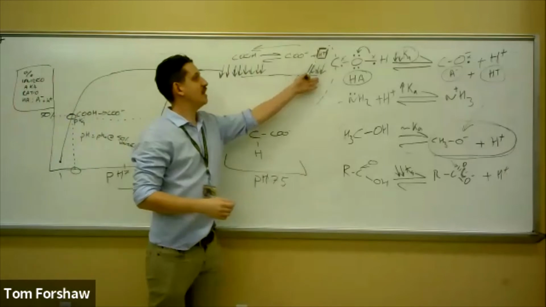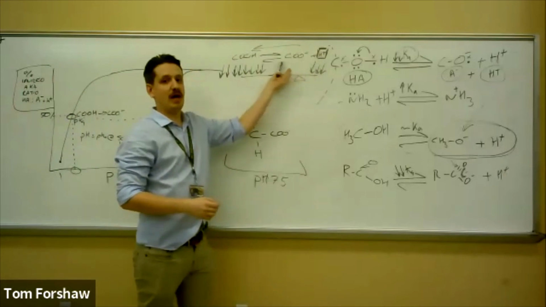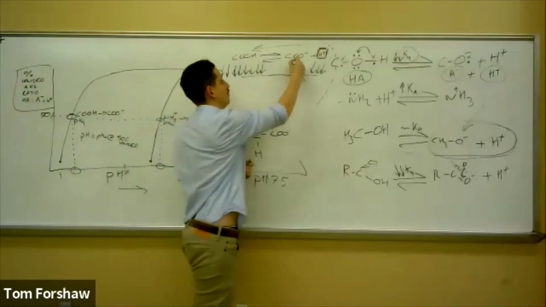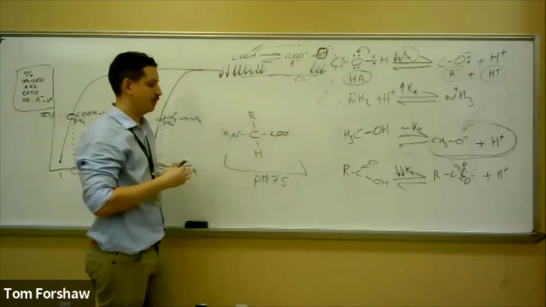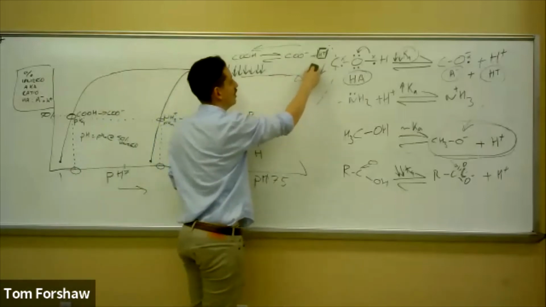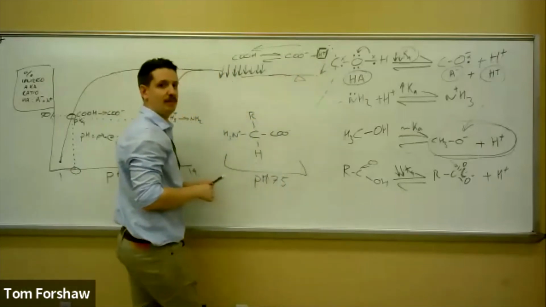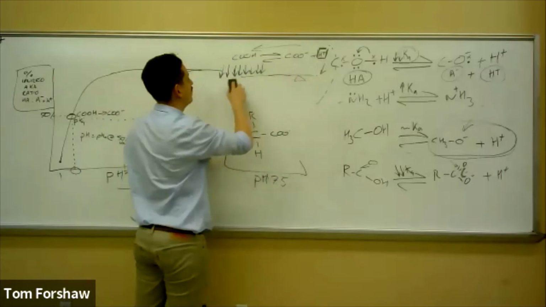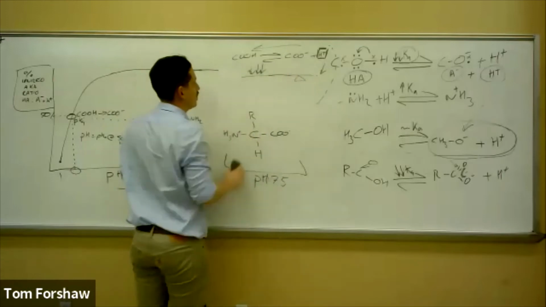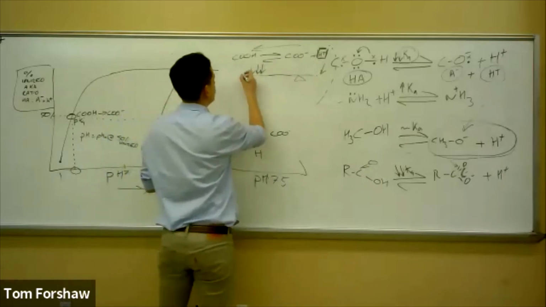If you've got some of this available, the A minus, the conjugate base, it's going to want to take up those hydrogens to try and relieve the pressure over here, and at the same time generate more of this. So we get back to our balanced point again.